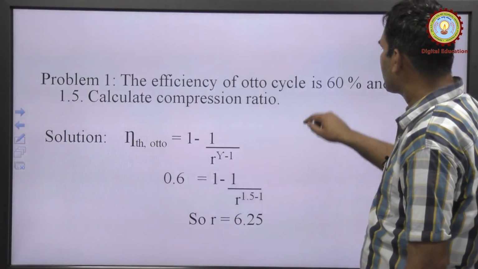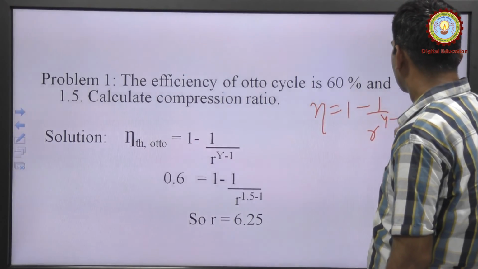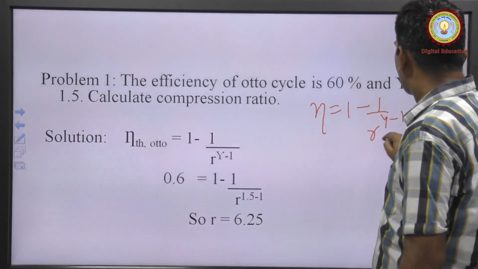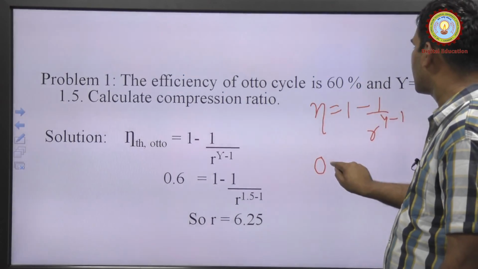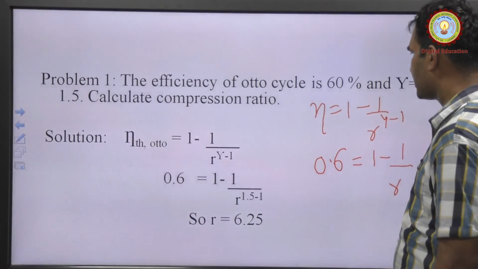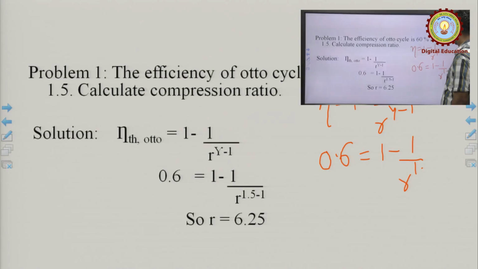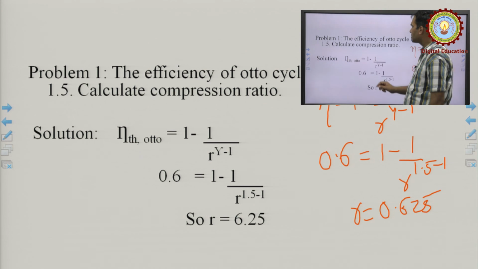Since we have discussed that the efficiency of the Otto cycle is 1 minus 1 by R^(gamma minus 1), in this question we have been given that efficiency is 0.6, that is 60%, and the value of gamma is 1.5. So, from this relation we can calculate the value of R, which comes out to be 0.625. So, this is the first question.